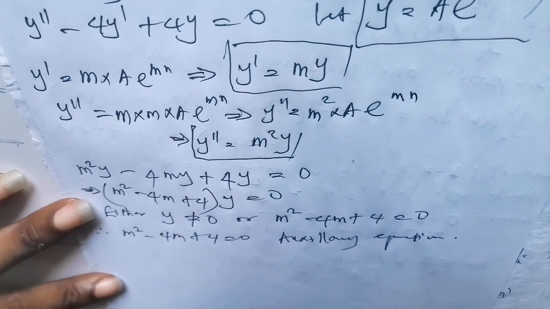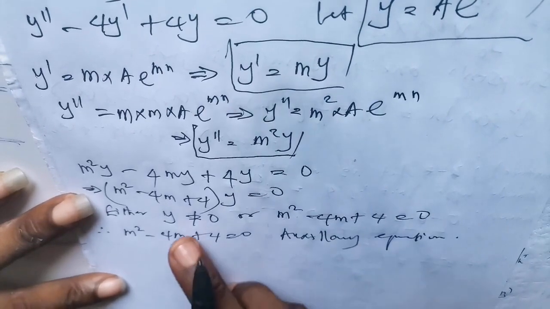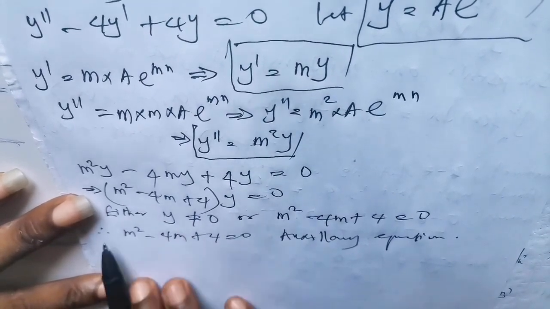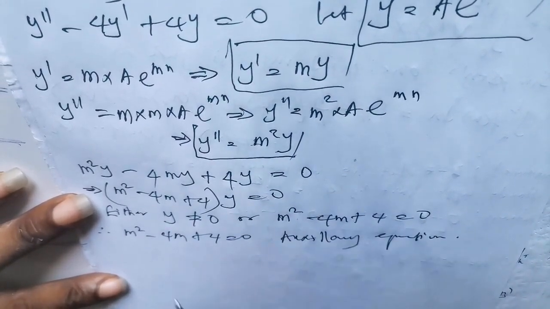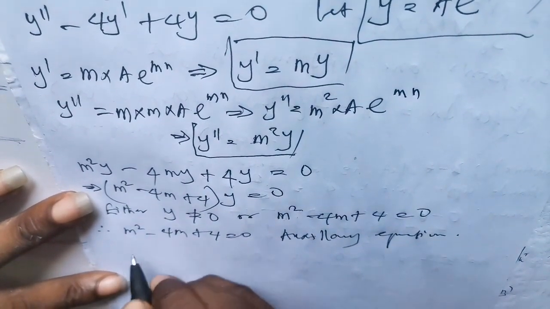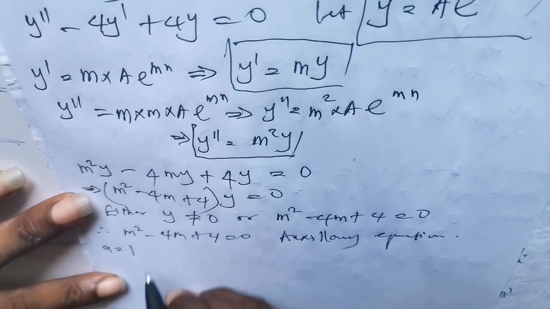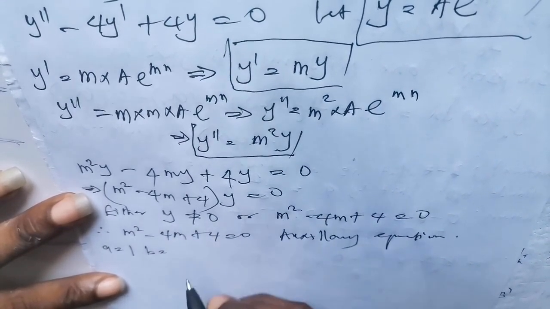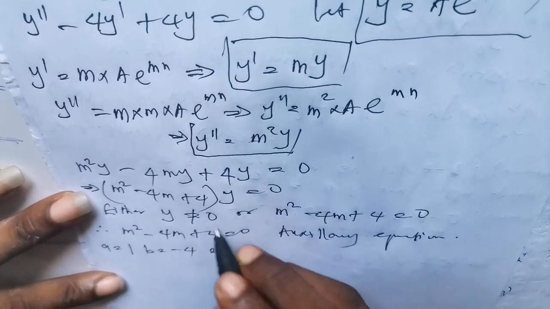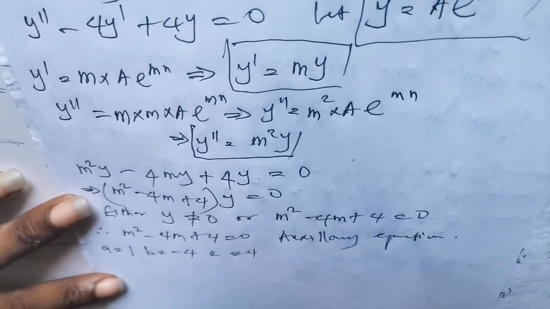But let me use the general formula, I think that will be easier. I have my a to be equal to the coefficient of m squared, which is 1. I have my b to be the coefficient of m, which is minus 4. And I have c to be the constant, which is equal to 4.